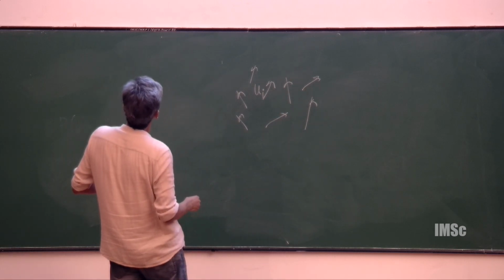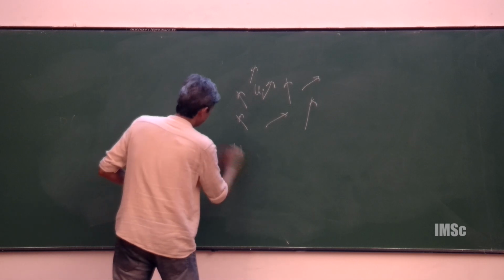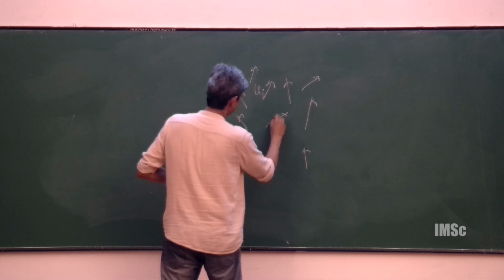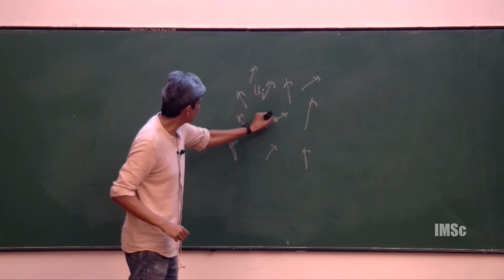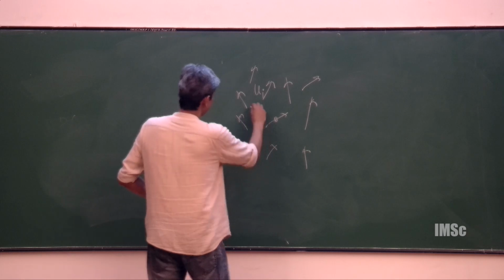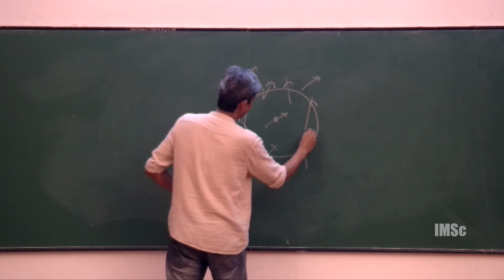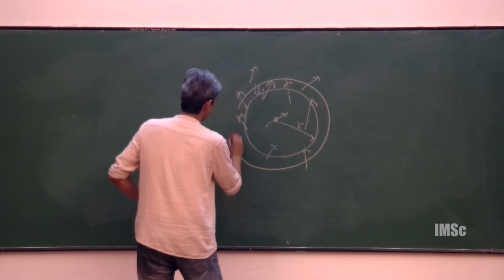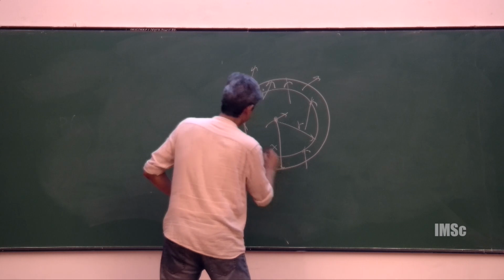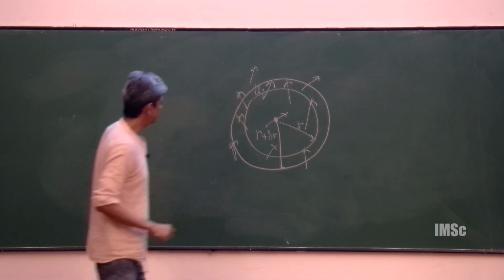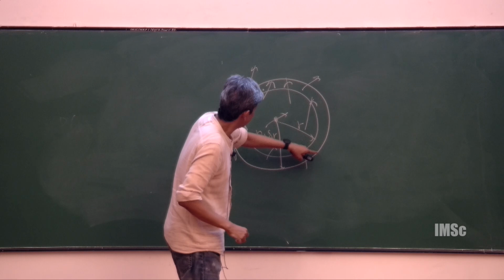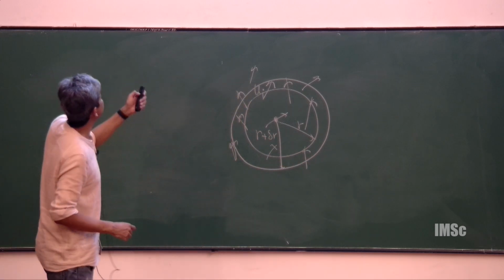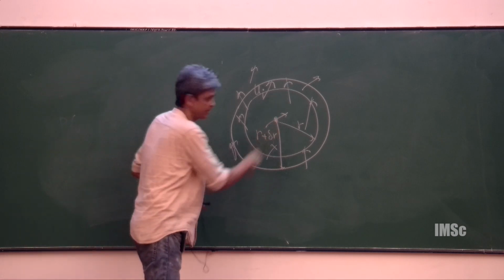Now what you are doing is taking a point at the center of one such particle, drawing a radius r, and then taking a small annulus of radius r plus dr. Whatever cells are within that annulus, you calculate this quantity with respect to this ith particle.